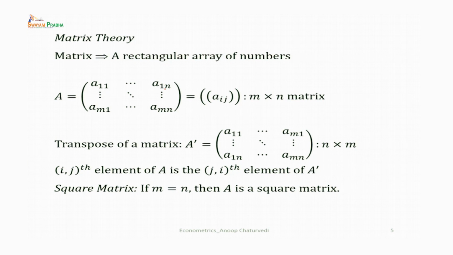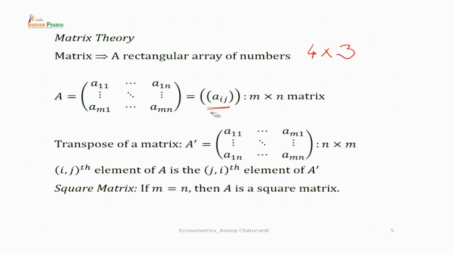The last column has numbers A1n and so on Amn. So, A is called a matrix of order m cross n and its ijth element is Aij. It means whenever we write a matrix of order 4 cross 3, the matrix has 4 rows and 3 columns.